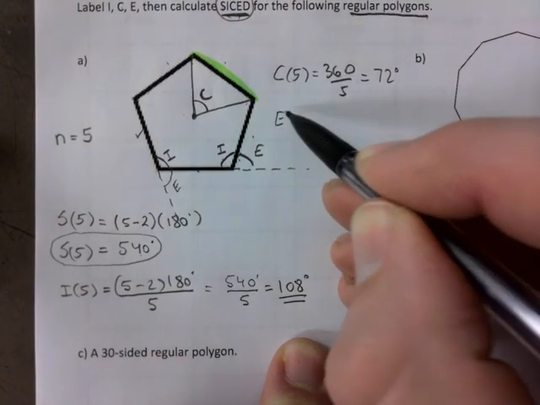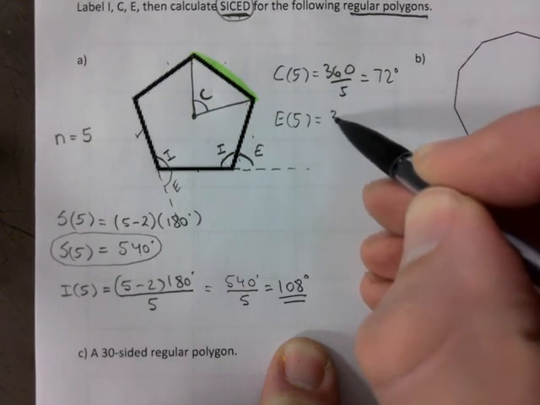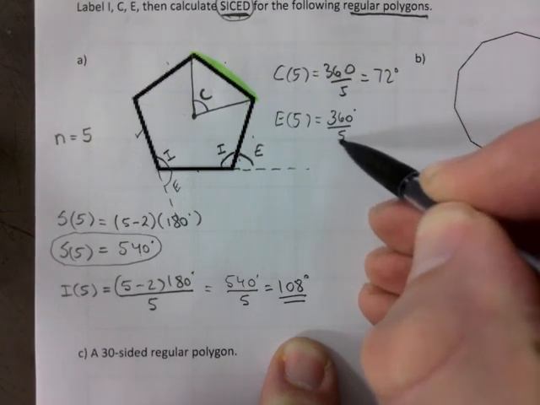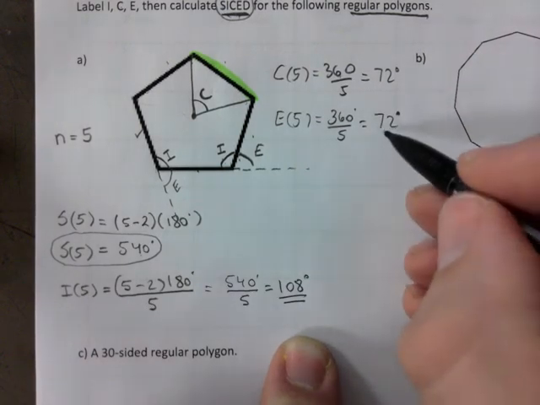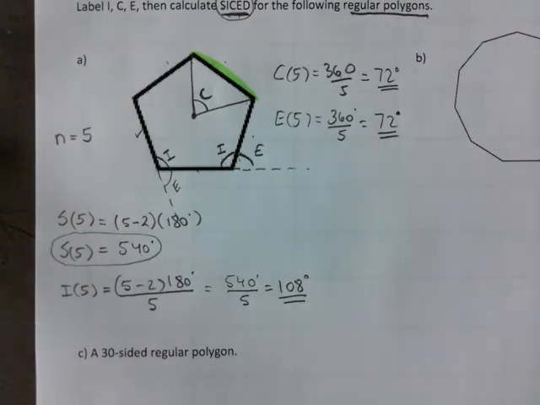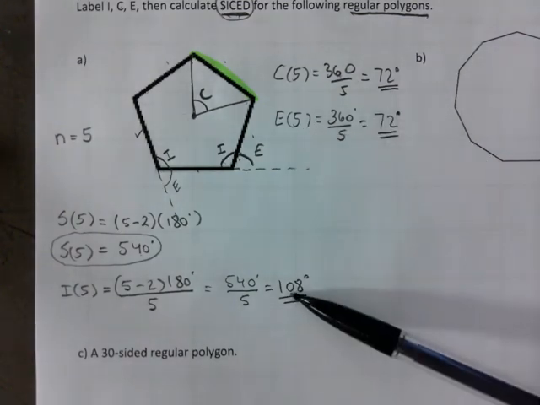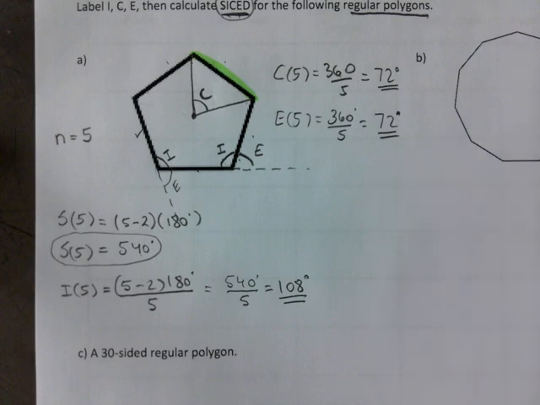The exterior angle of a 5-sided shape happens to be the exact same formula as well. Do you notice what the exterior angle and the interior add up to? 108 and 72? It's 180, right? Which I told you all along, right?